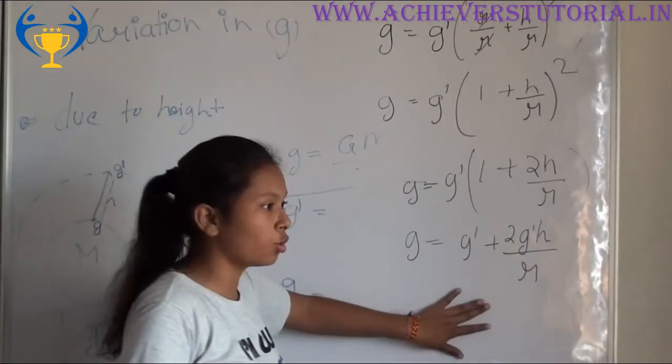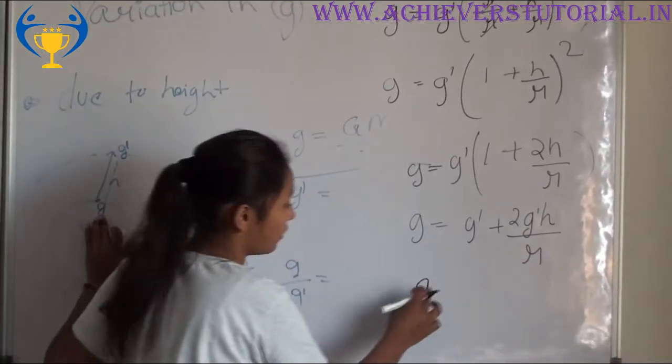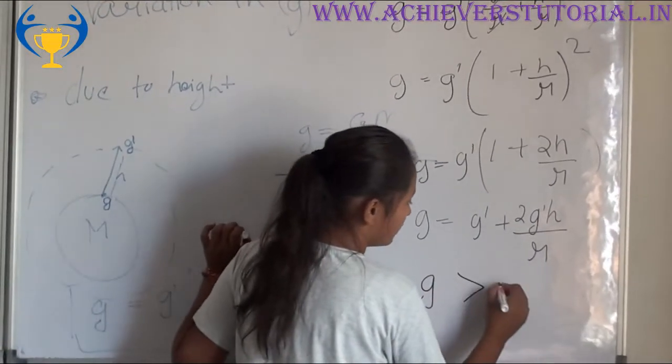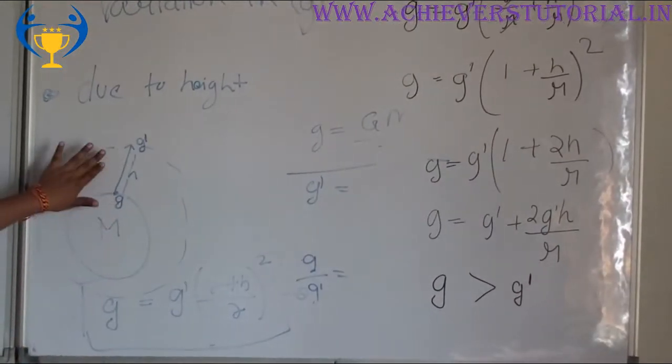So this shows that the g present at this surface is greater than the value of g at some height. This is the variation due to height.